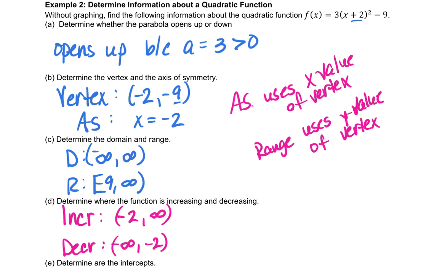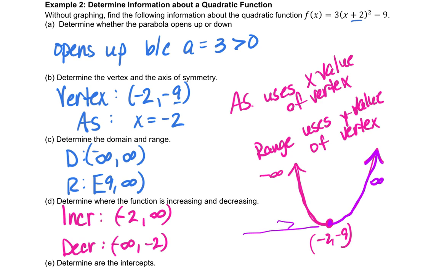So if you think about it, it's opening up, and this point right here is negative 2, negative 9. So coming in from the negative infinity, it's going down. And then once it gets to there, it starts coming back up to positive infinity.